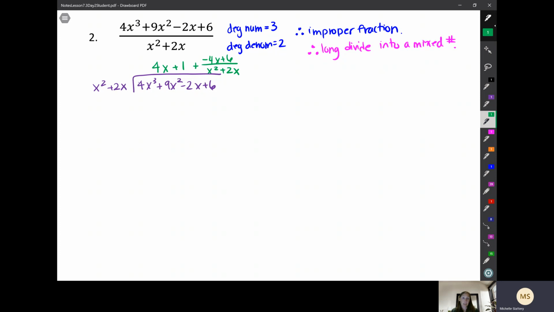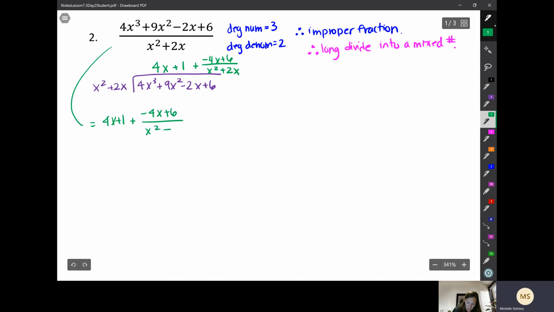So this is what you get with long division. So right now, this whole quantity is equal to 4x plus 1 plus negative 4x plus 6 all over x squared plus 2x.